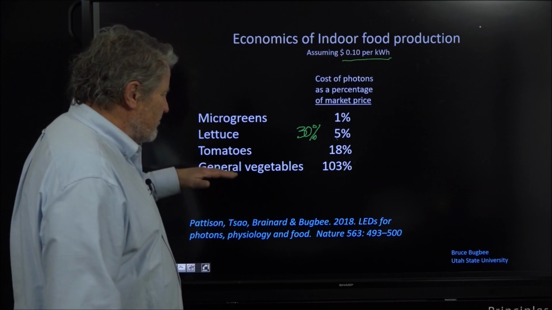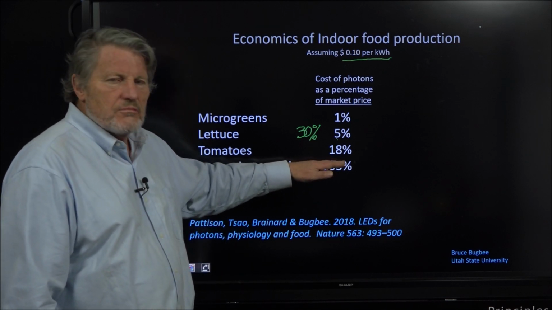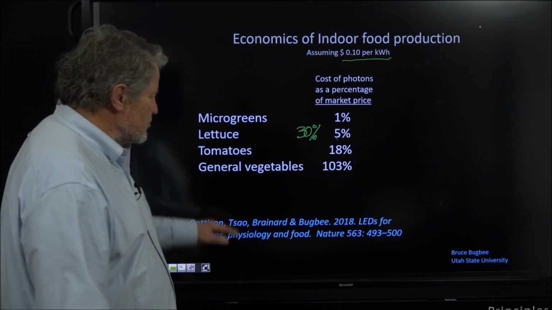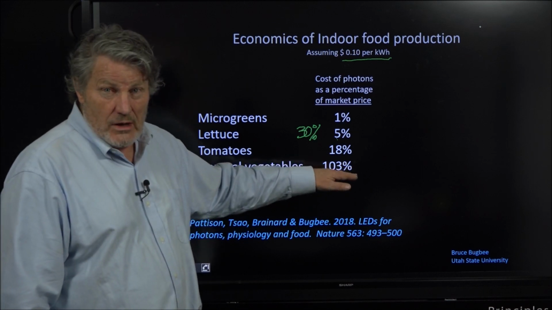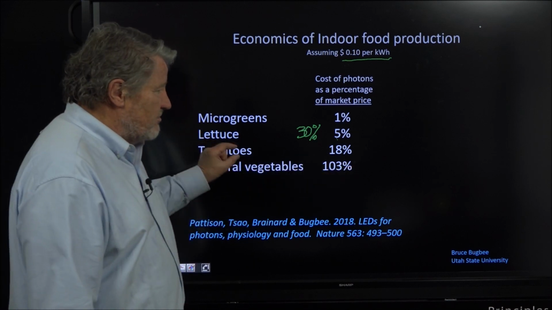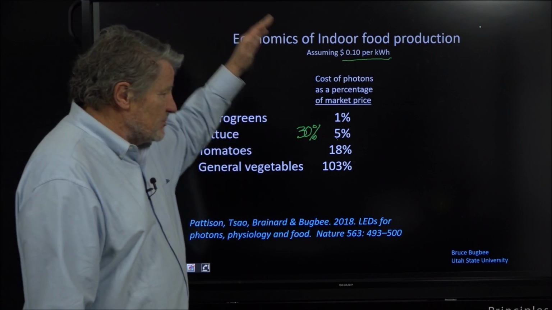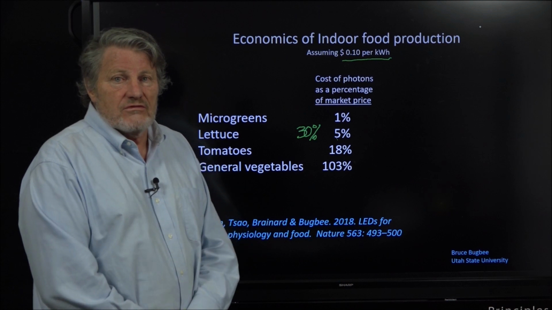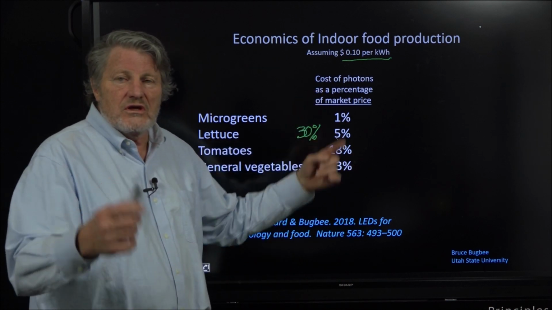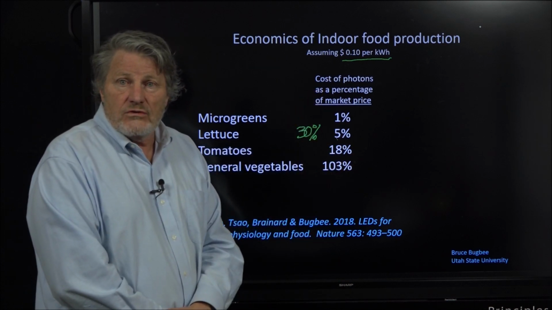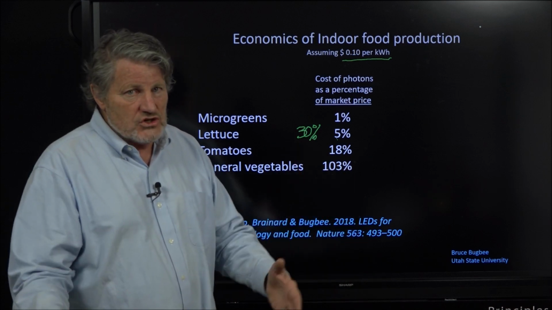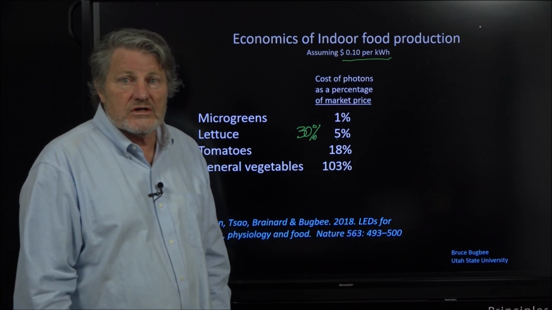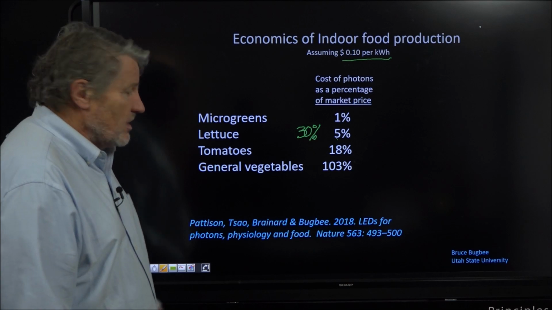So unless we can find a way to get consumers to pay a lot more for general vegetables, including things like strawberries, it's going to be very, very difficult. And by this analysis, at 10 cents a kilowatt hour, it's not going to be cost effective. The electric cost is going to be equal to the market value, and you still have labor, you have depreciation, you have lots of other costs besides the photon costs.